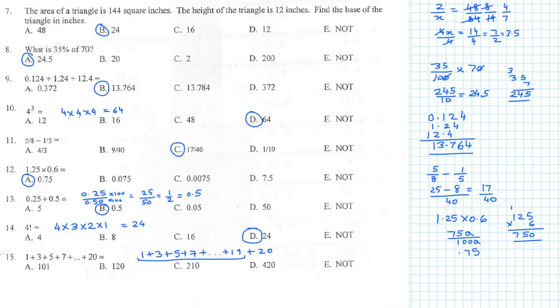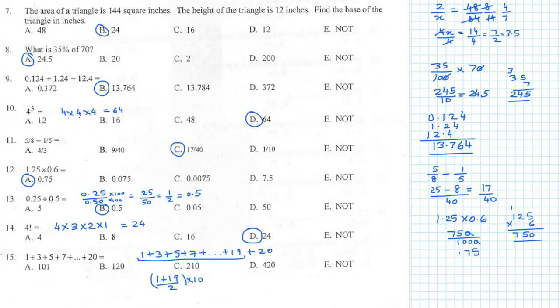So these are odd numbers, and the sum of this series is 1 plus 19 divided by 2. So that's the average of this series from 1 to 19, and then the number of numbers in this series from 1 to 19 is equal to 10.